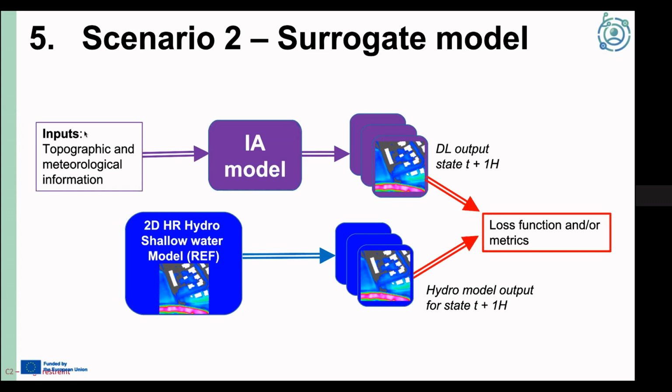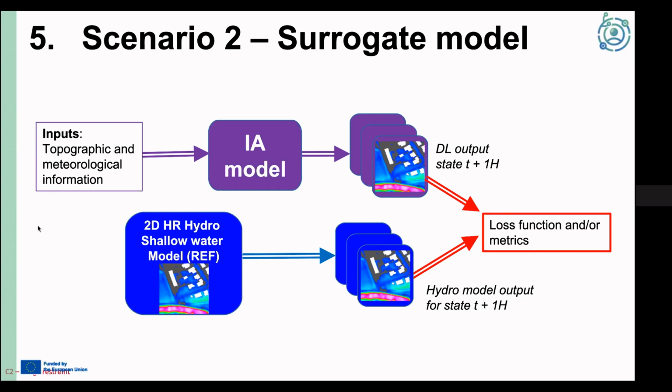As input, we are taking topographic and meteorological information. By that I mean a building mask, a digital elevation model, of course rainfall information, and the water depth, for example, at the starting time.